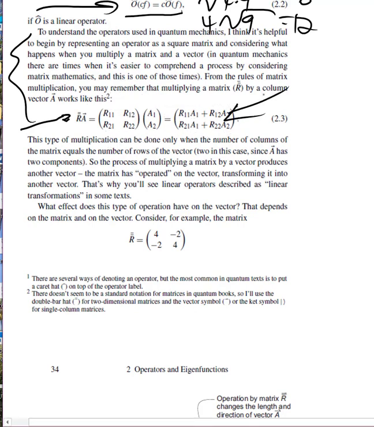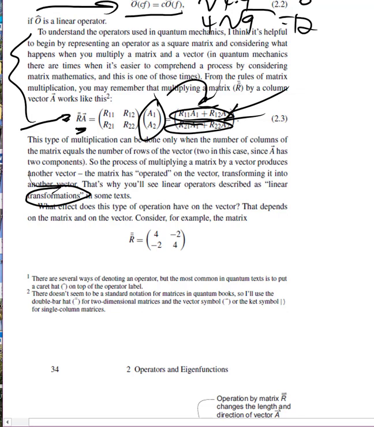This is a vector. This is one number on the top, one number on the bottom. That's a 2-element column vector. So what happened by applying our operator, our matrix in this case, was we turned one vector into a different vector. That's why you'll see this sometimes described as not just a linear operator, but a linear transformation. It transformed one vector into another.